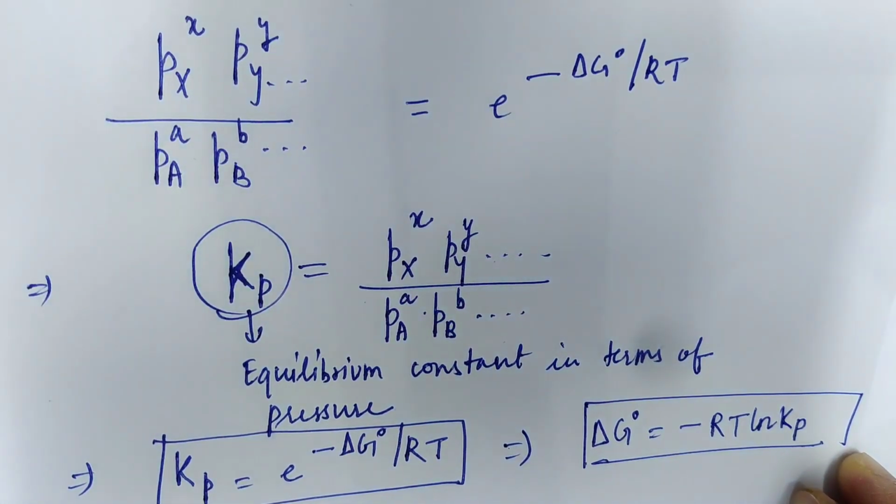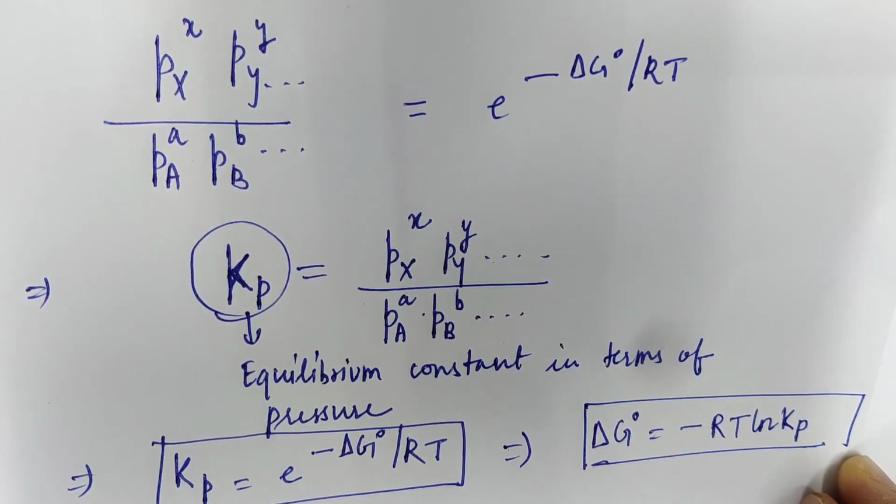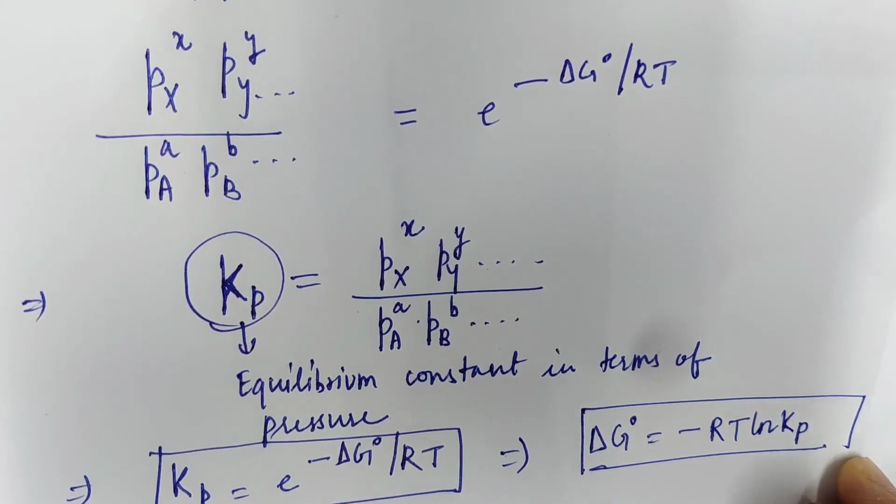So this is the relation between delta G naught, that is standard Gibbs free energy, and your equilibrium constant.